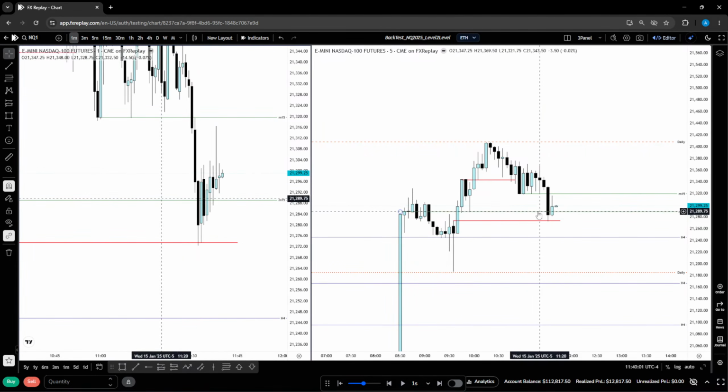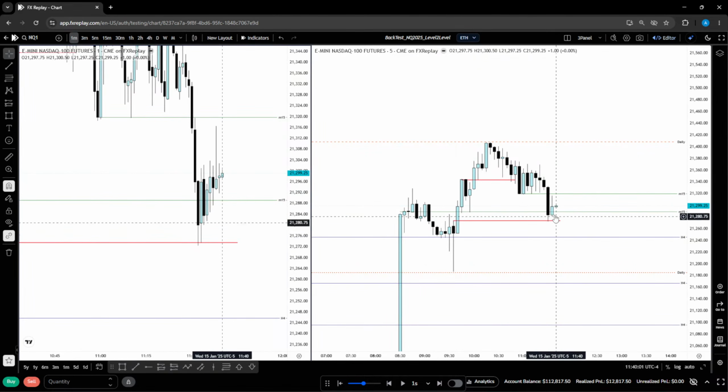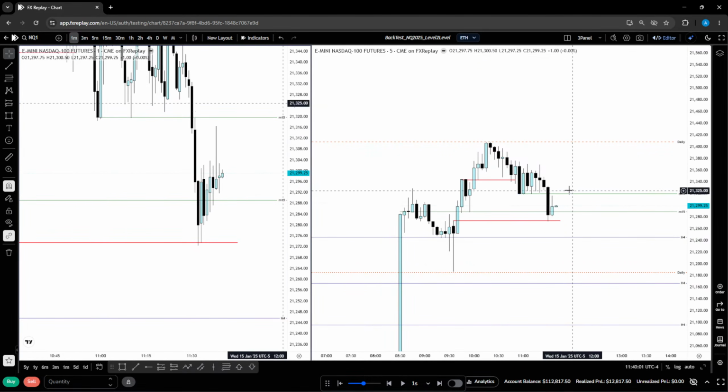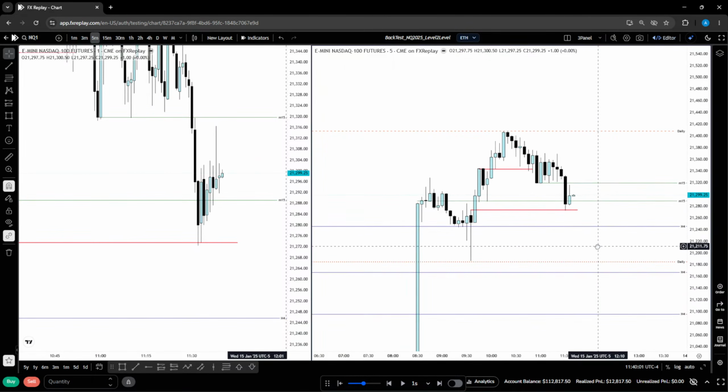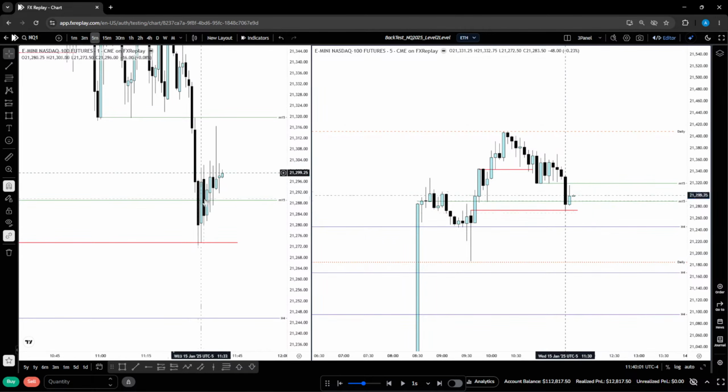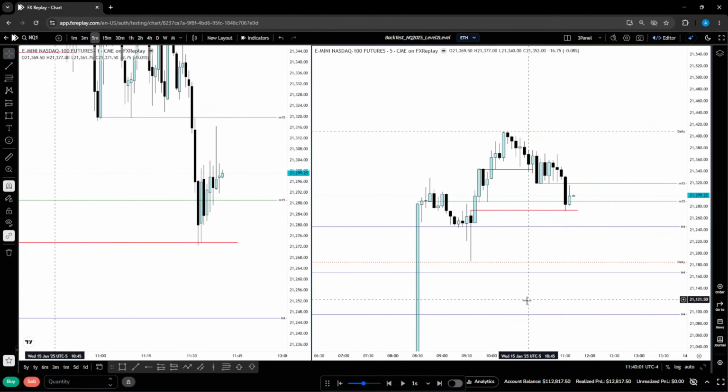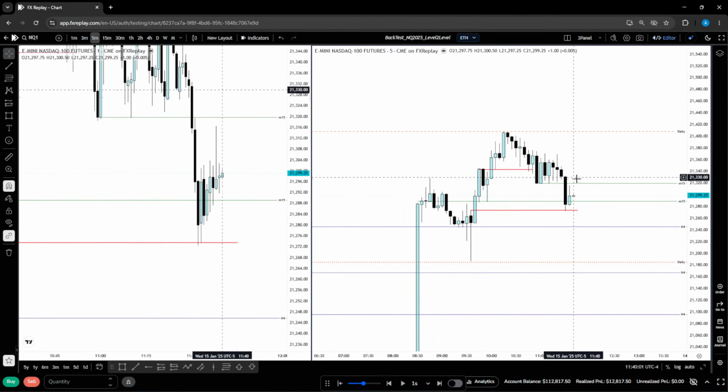So we gained that back, but as if we have tested this level, so we're probably gonna go back a lot lower. I take it short if you start closing below the 15 minutes, or above that 15 minutes we can long.